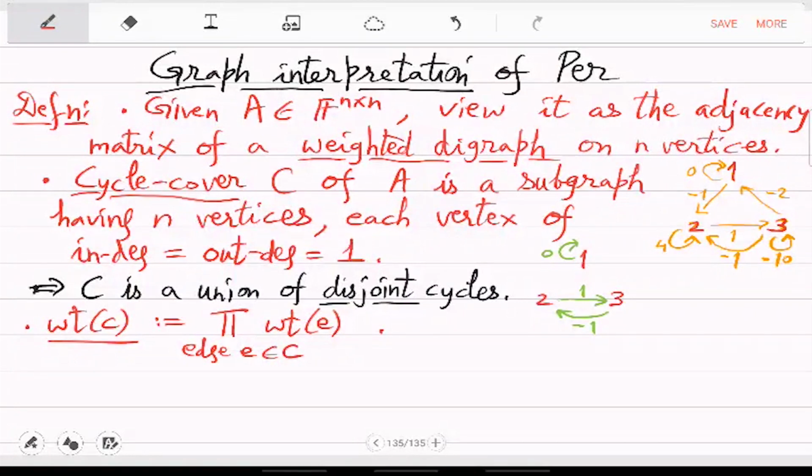In particular, in this example, it's 0 times 1 times minus 1, which is just 0. So that we call the weight of the cycle cover.